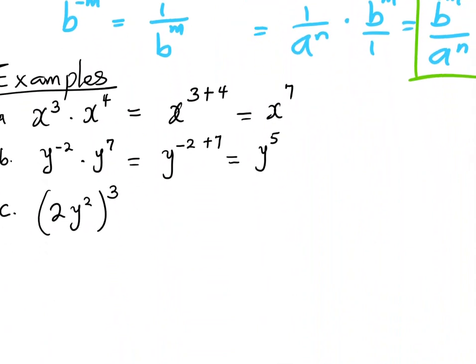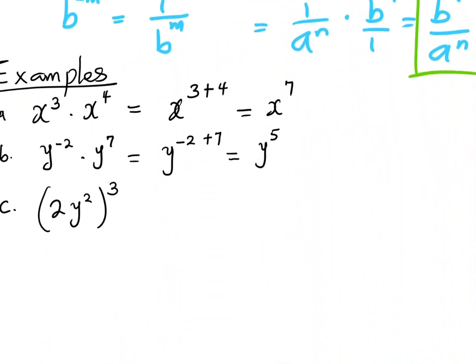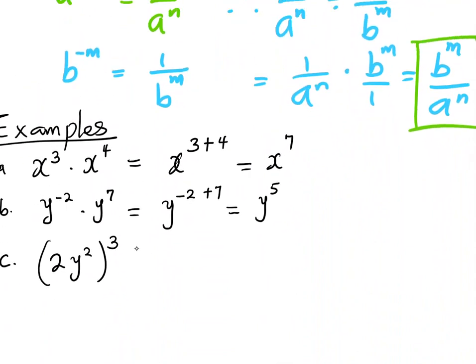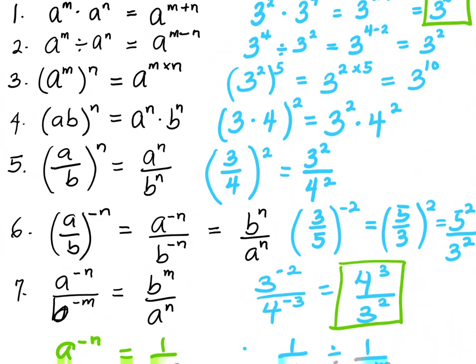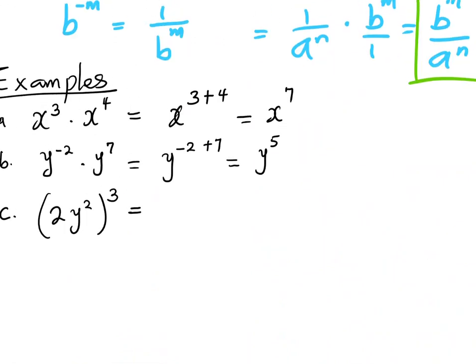Here as well, we have 2 times y raised to power of 2. So, which means here we need to apply law number 4 first. That is, we do something like this. Okay, in this case, that means we will have 2 raised to power of 3 times y squared. Then do not forget that also will be raised to power of 3.